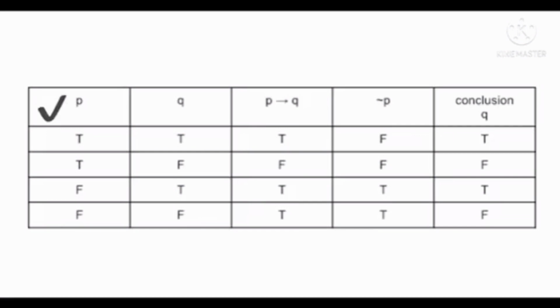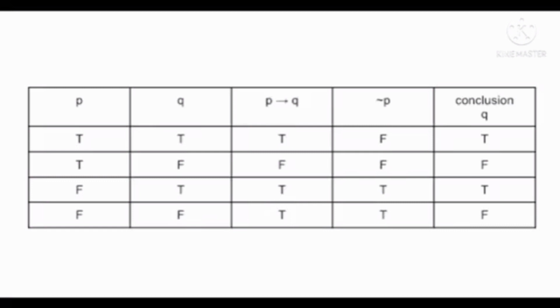First column is P, the second column is Q, the third column is P, if and then Q, the fourth column is not P, the fifth column is conclusion. First column is true, true, false, false. The second column is true, false, true, false, because this is the original pattern of the first and second columns.